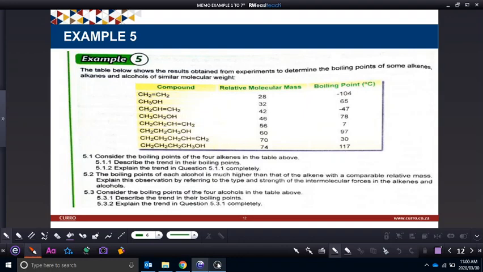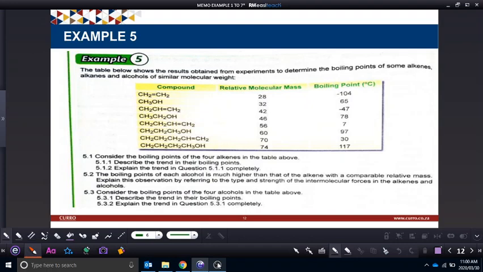So if you take a look, we have ethene, then methanol, then propene, then ethanol, then butene, then propanol, then pentene, and then butanol. The relative molecular masses are increasing from top to bottom.